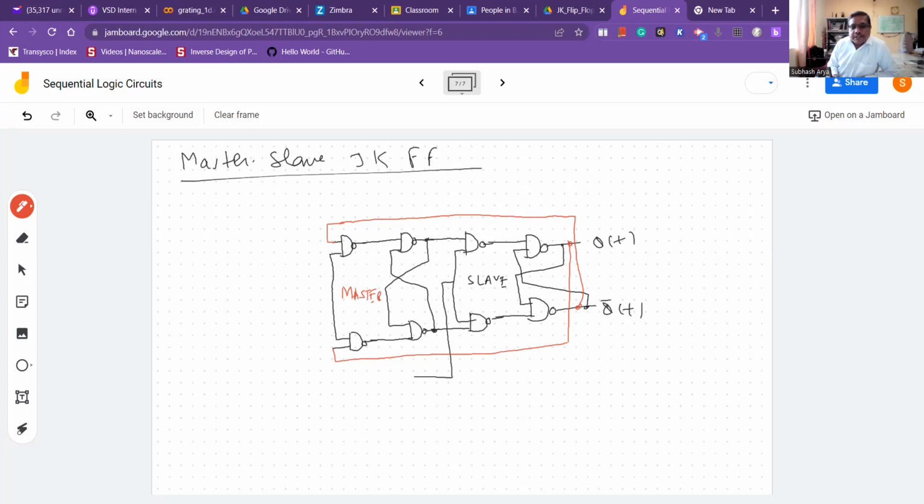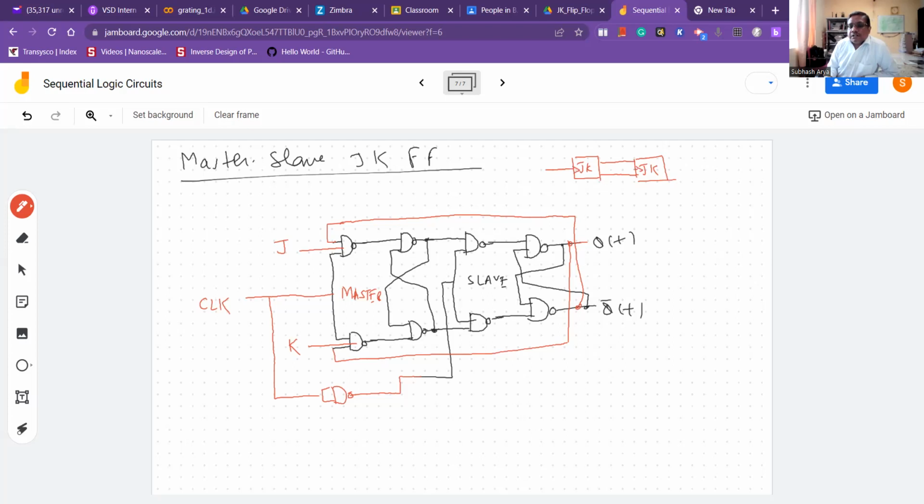The feedback is from here, and now this is the clock, and here the clock pulse but inverted. So this is the clock, here the inputs J and K, and this is the output. Compared to the earlier section, master slave is nothing but, if I draw a block diagram, a JK flip-flop followed by another JK flip-flop. The output of this is connected to the input of this, and the output of this is connected to the input of this.